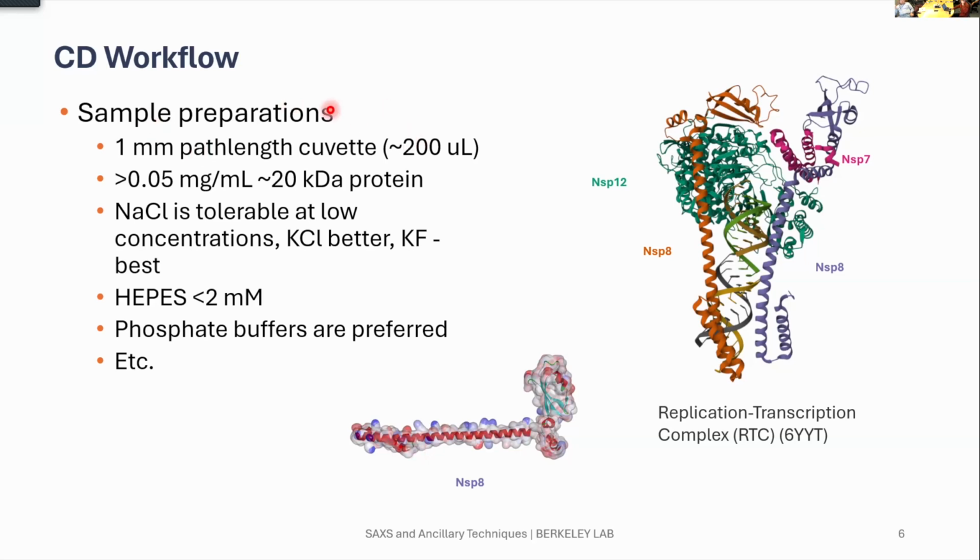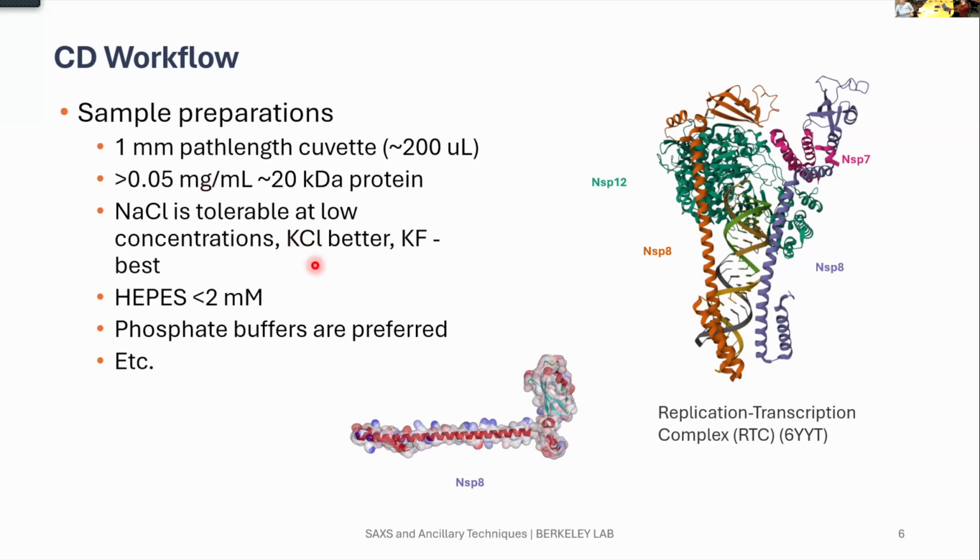In sample preparation, as I mentioned before, we take 200 microliters of sample, and as little as 0.5 milligram per milliliter of this small protein is enough to get a good signal. Sodium chloride is tolerable, but only at very low concentrations.